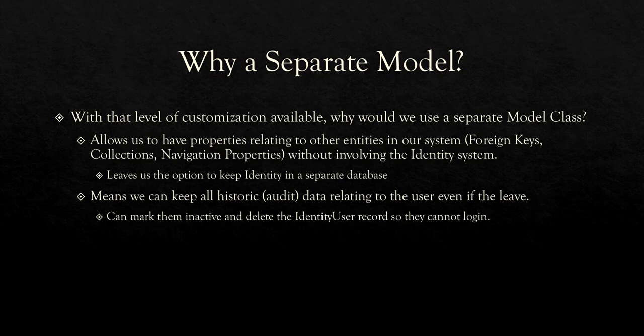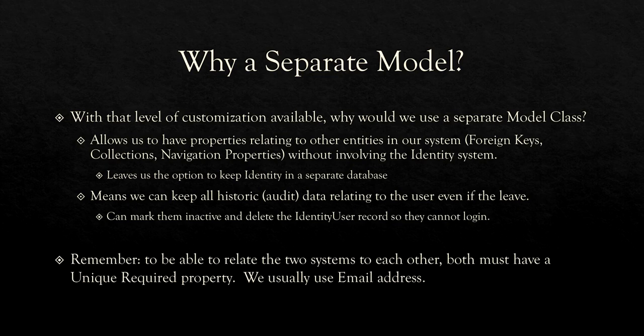So this is a great arrangement, having a separate model, because we can have all the historic information, the audit information, etc., related to the actual employee model. And that way, if we need to delete the identity user record, no big deal. If they ever come back again, we can just recreate a login for them and relate it back to the historic information stored based on their employee class.